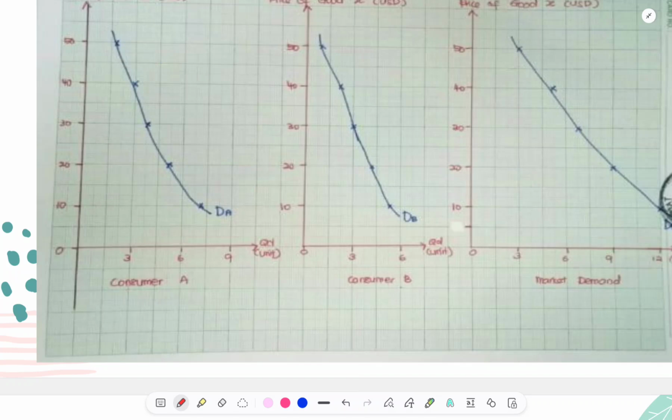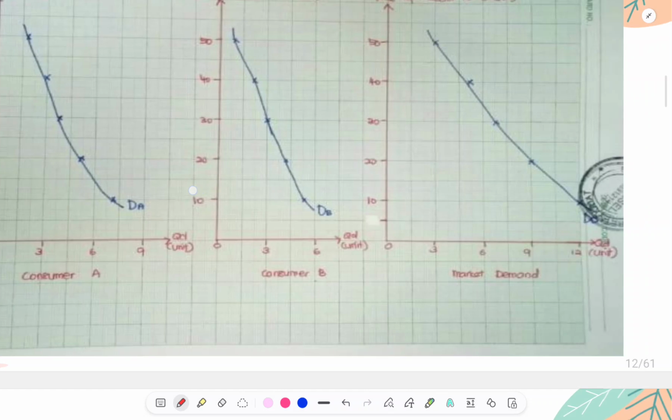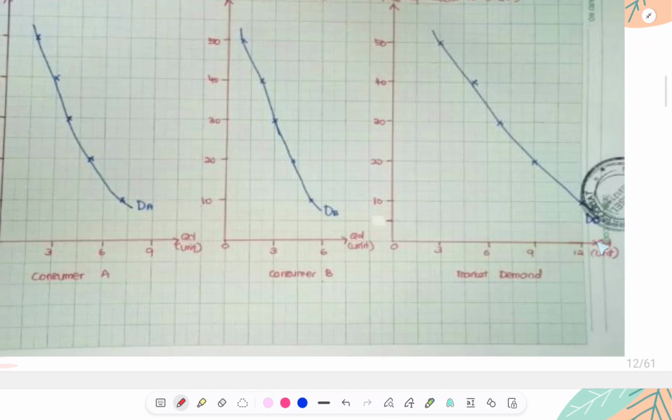But remember, the maximum quantity for each buyer will be different. Customer A, maximum 9 units. Customer B, maximum 6 units. Market demand, maximum 12 units. So for the market demand, we must extend the x-axis until 12 units.